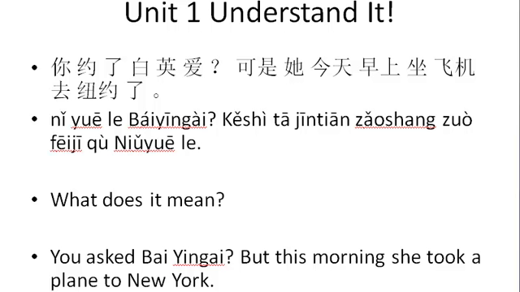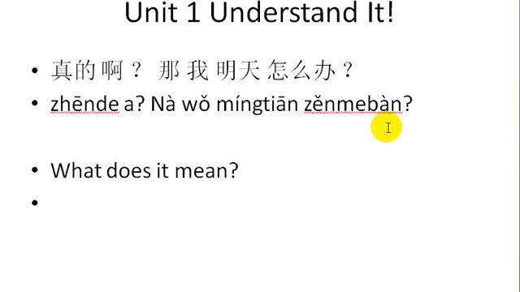Poor Gao Wenzhong. Gao Wenzhong says, 真的啊，真的啊，那我明天怎么办? You should be able to figure out the meaning of this. Pause and write down what you think it is. 真的啊，那我明天怎么办?